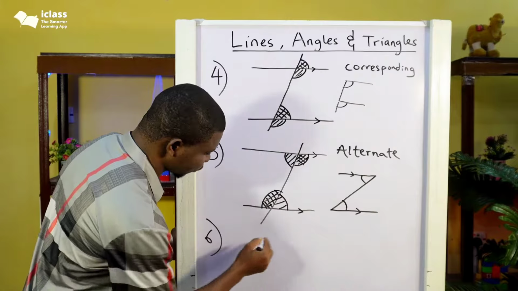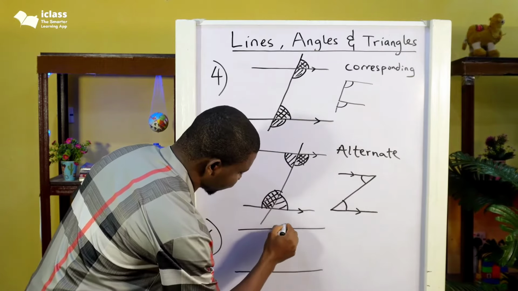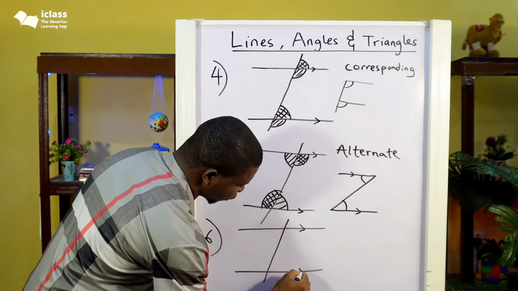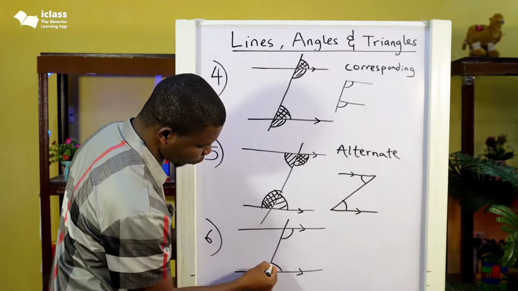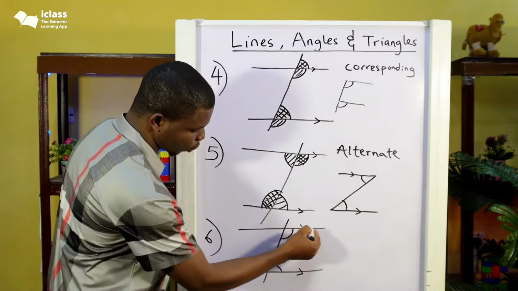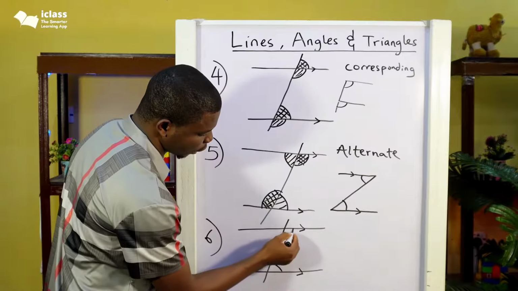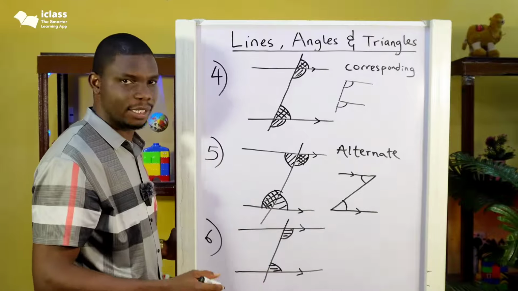Still on parallel lines, if I have a transversal, like this angle and this angle, we call them co-interior angles, okay? Co-interior angles. They are not equal, but they sum up to 180 degrees.